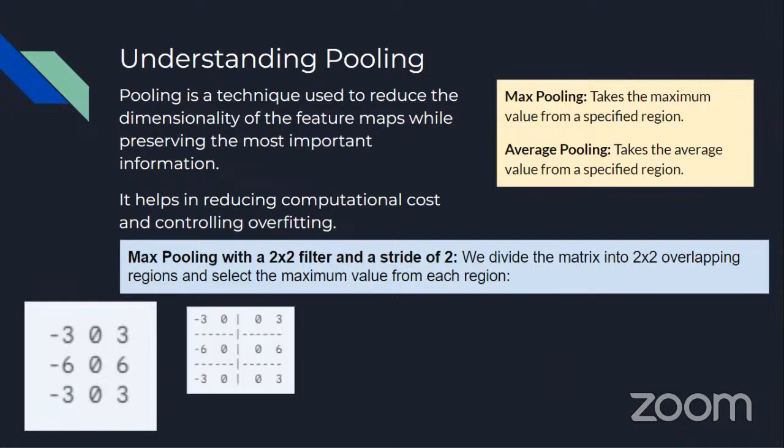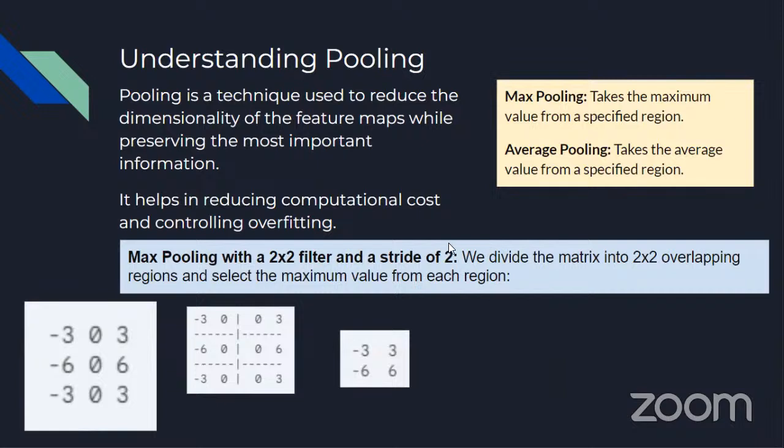We divide this whole feature map, because now we are working on the feature map, not the image itself, into 2 by 2 regions, because the filter is 2 by 2. Then in each region, we pick the maximum value. If we pick the maximum value, that is max pooling. If we pick the average value, that becomes average pooling, right?